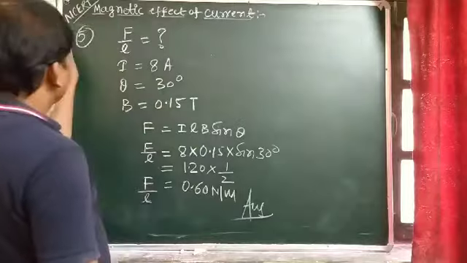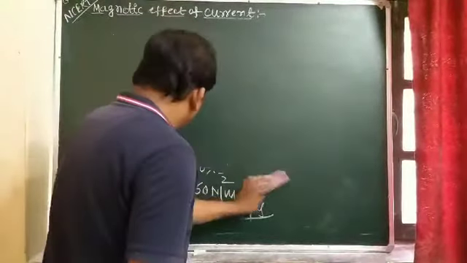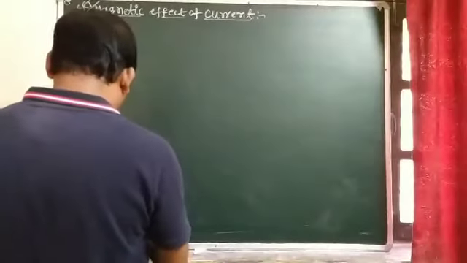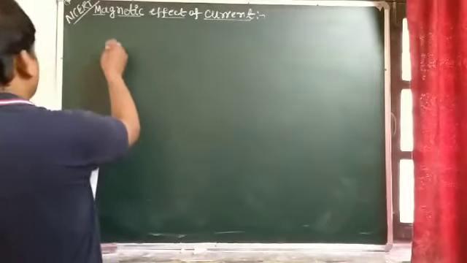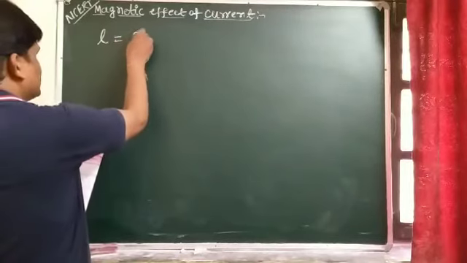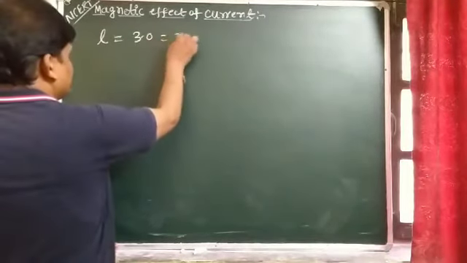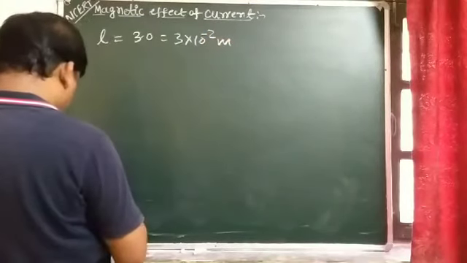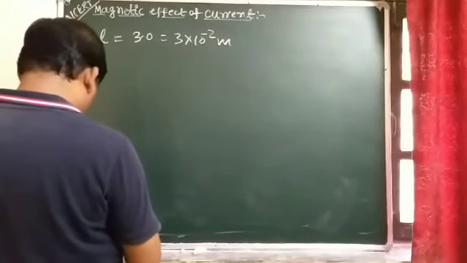So question number 6, 3 centimeter wire. So L is 3 centimeter, written as 3 into 10 to the power minus 2 meter.